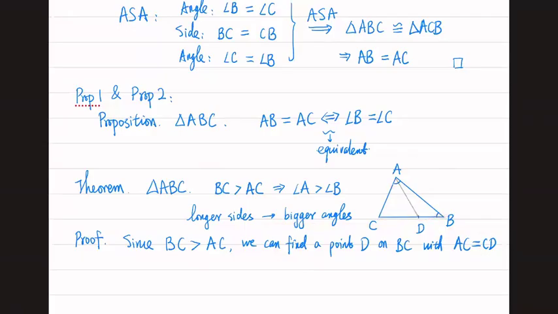Okay, so now what we have is, to emphasize this, make this red, this red. Oops, it automatically connected. It's too smart.